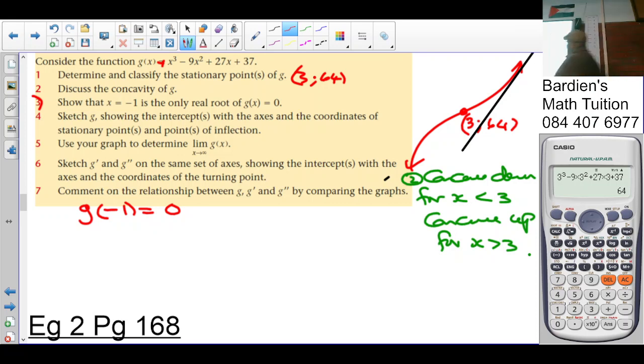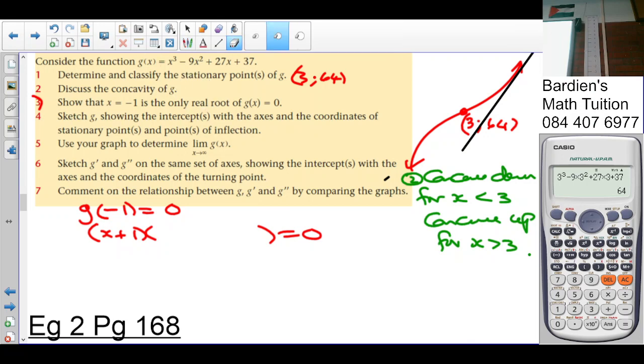Alright, so we know that g of negative 1 equals 0, because that's a given factor. So x plus 1 is your other factor. We then need to work out our quadratic. X times what is x cubed? X squared. 1 multiplied by what is 37? 37.